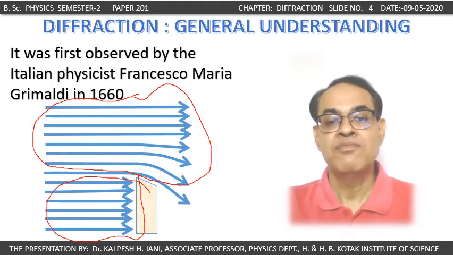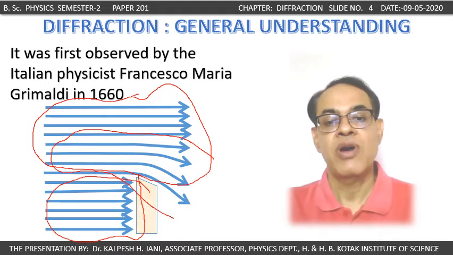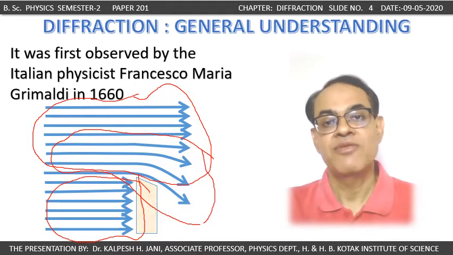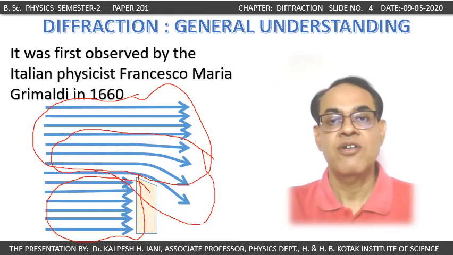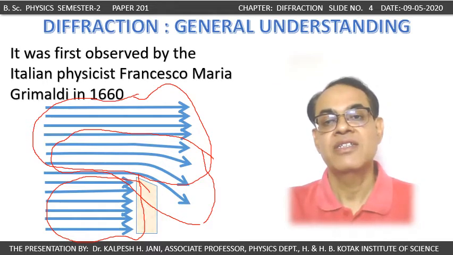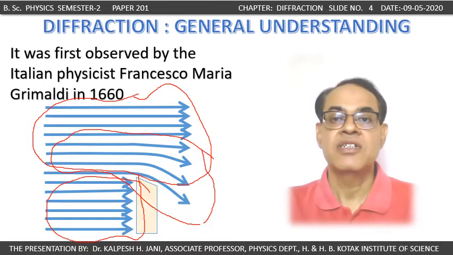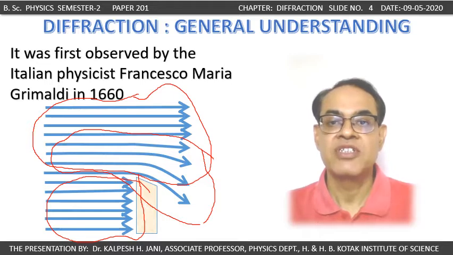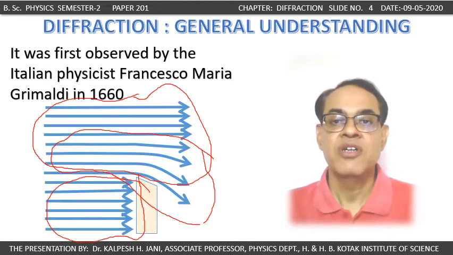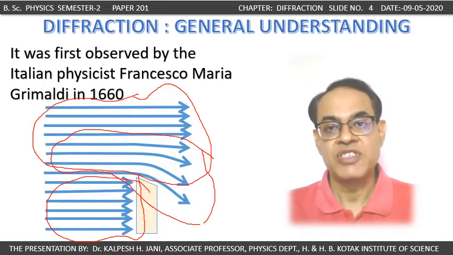Here some portion of the waves are found to have been deflected from their direction of propagation, and they reach a little interior region of the geometrical shadow. So they will infiltrate inside the geometrical shadow, making the real shadow smaller than the geometrical shadow and making the boundary of this shadow fuzzy.